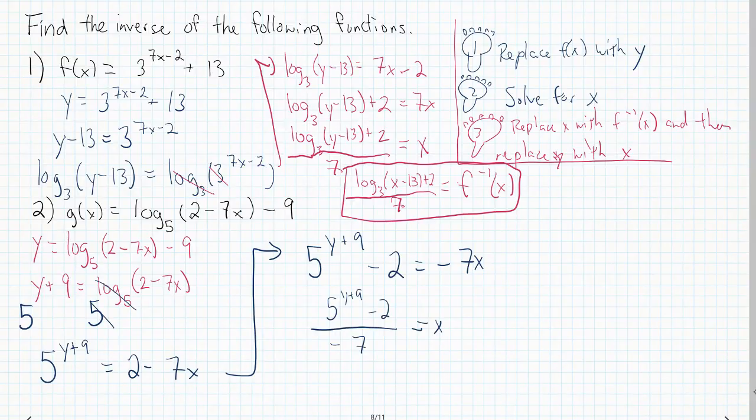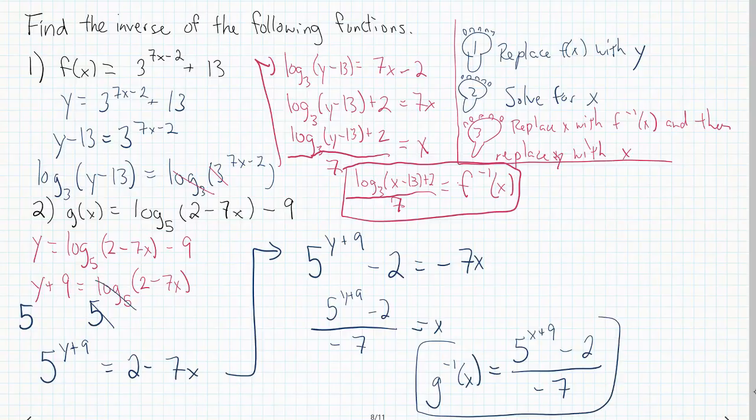That means for our final answer, we replace x with g inverse of x. So g inverse of x, I'll put it on this right hand side so we can see it better, equals 5 to the x plus 9, minus 2, we replace that y with x, divided by negative 7. And that is a beautiful final answer right there.